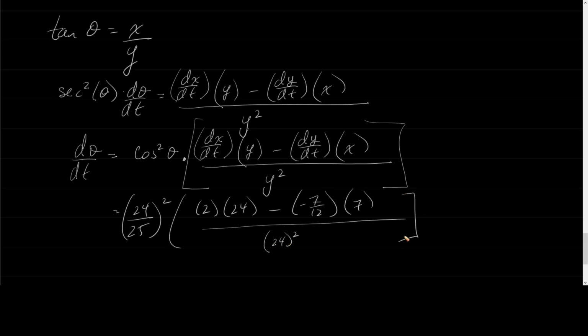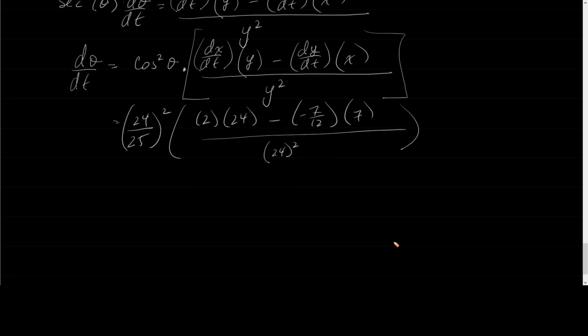All right. So at that point, let's see what we actually have here. I'm going to write this as 24 squared over 25 squared. Here I've got 24 squared, right? The reason I'm rewriting it like this is so that I can cancel out those 24 squares and not have to worry about their value.